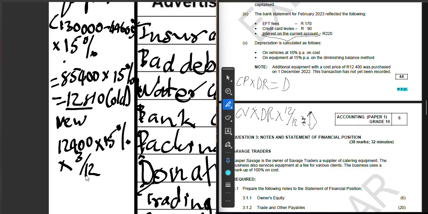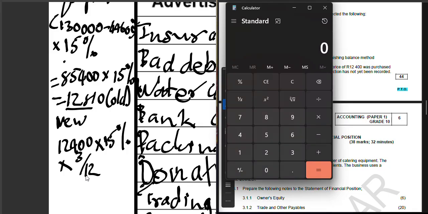So the calculation, we need to complete it. 12,400 multiplied by the depreciation rate of 15% is 1,860, multiplied by 3 over 12. That's 465. Some of you might be wondering, what did I just do with the depreciation rate? I'll do it the normal way.